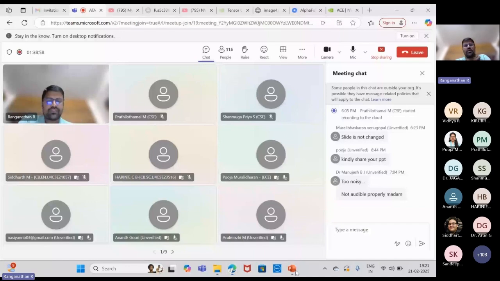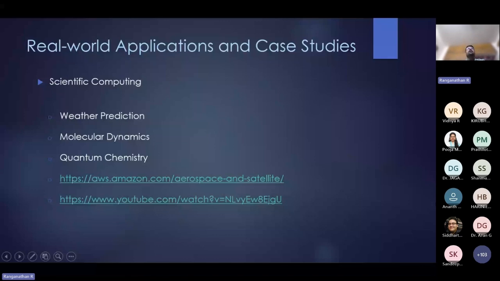And the last one is on scientific computing, right? So this is again where high performance computing is going to get a lot of application. How do you use it for weather prediction? How do you use it for advanced scientific calculations in terms of molecular dynamics, quantum chemistry and so on, right?